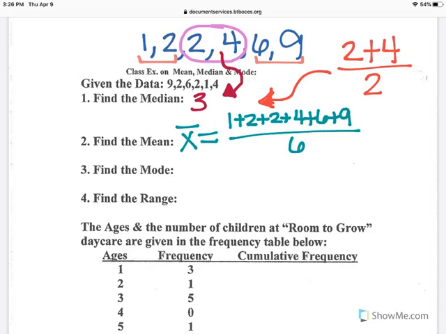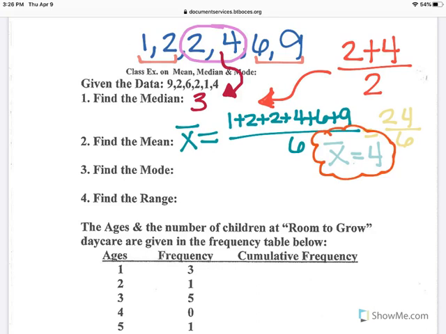When we add all these numbers together, we will end up with 24, and 24 divided by 6 is going to give us our mean, which is 4.